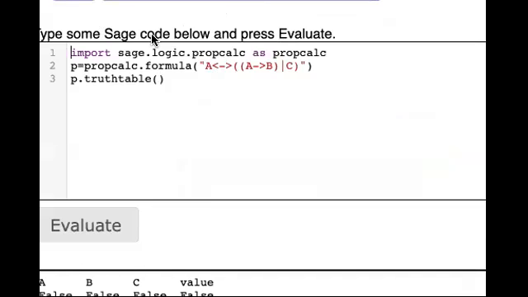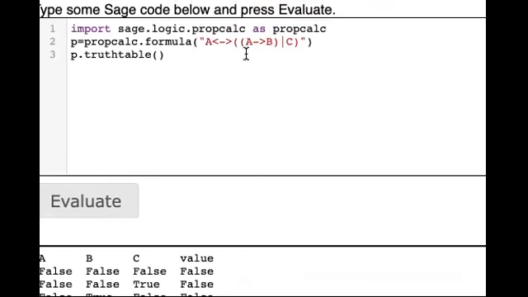This is what happens: the Sage code is right here, and it's evaluated here. That's how I get my table, and then I could change this expression to something else, and I can also see a similar table.